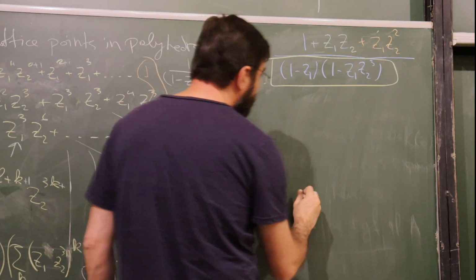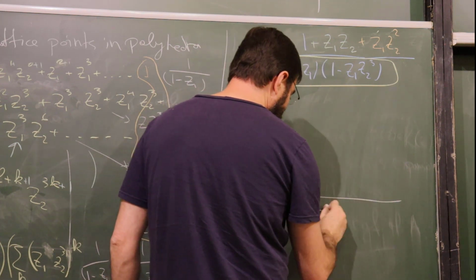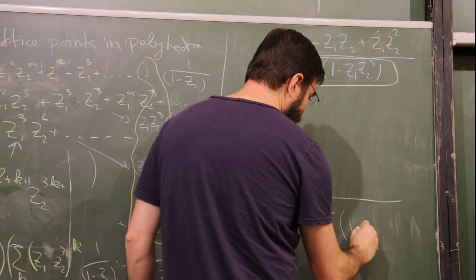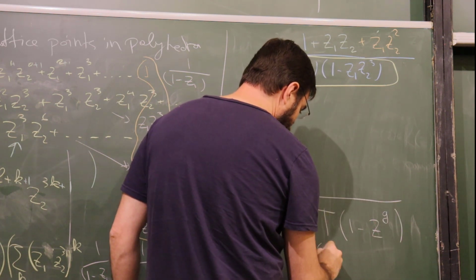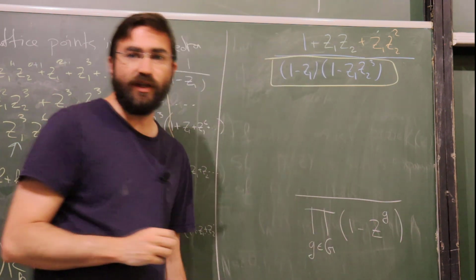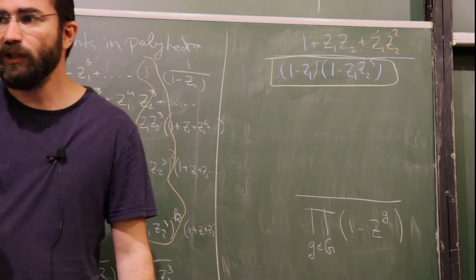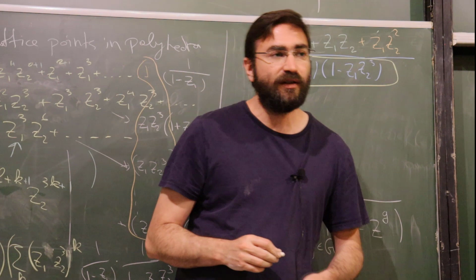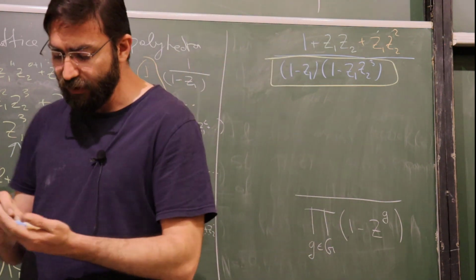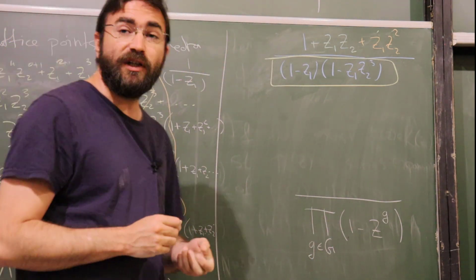So let's say that G is the set of generators of my cone, right? The denominator is the product of 1 minus Z to the G, where G is over all the generators. What is the numerator then?